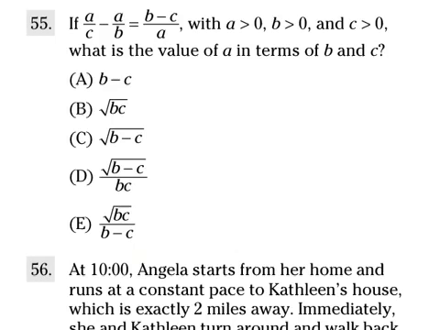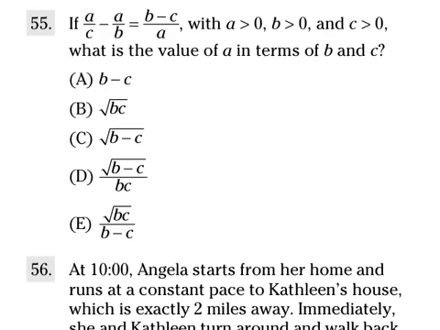Notice you have a C, B, and A. Multiply everything by ABC to start with, so it'll cancel out.